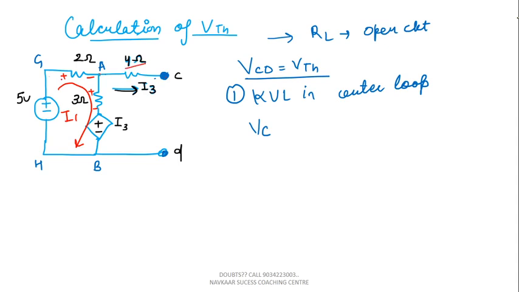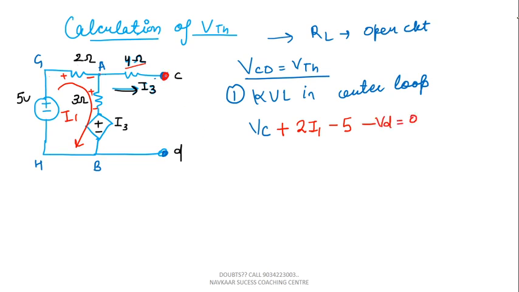A to G, the second sign is plus, how much is the resistance? 2. And how much is the current flowing across G to A? That is I1. Then G to H, what is the second sign? Minus. How much is the voltage? 5. H to B, nothing is there, leave that. Then minus VD is equal to 0.